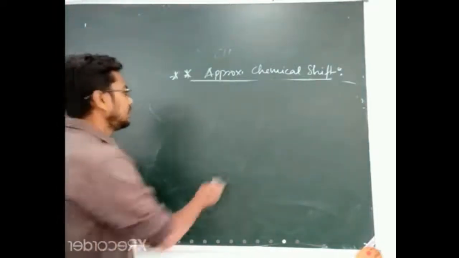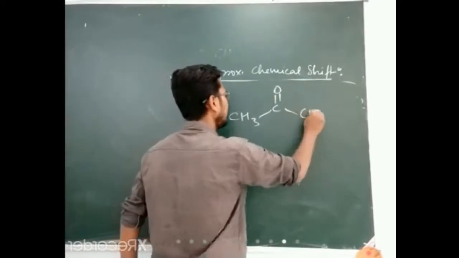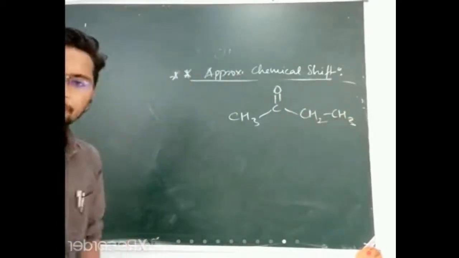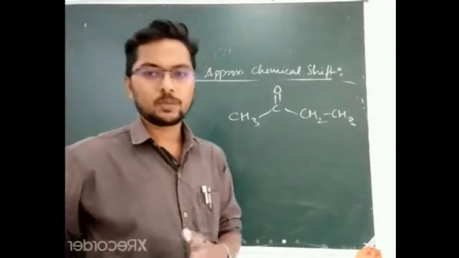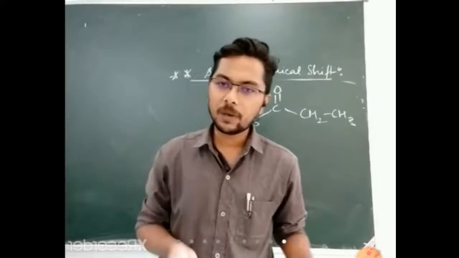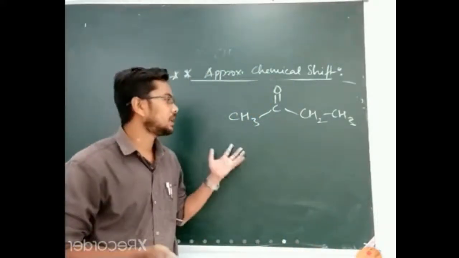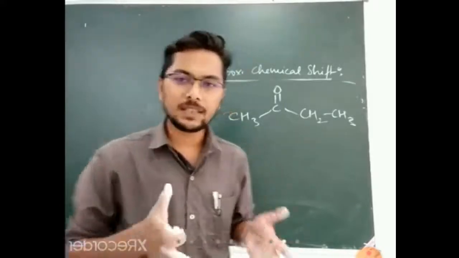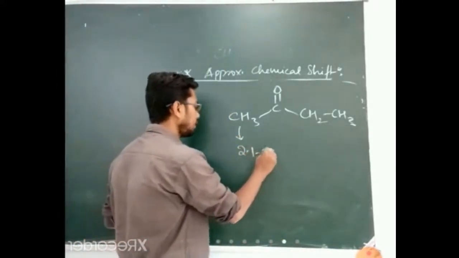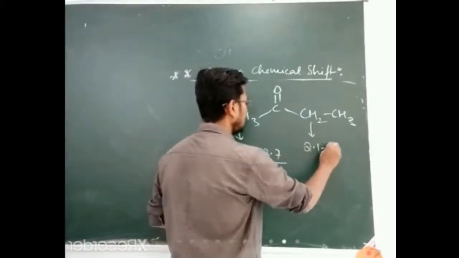So in case of ketone, again here ketone does not have the aldehydic peak. So this is one way of asking how will you differentiate a ketone and aldehyde in an NMR. In aldehyde you will get a peak at 9 to 10, but in ketone you will not see that peak. Here you will see this peak at 2.1 to 2.7, and here also 2.1 to 2.7.